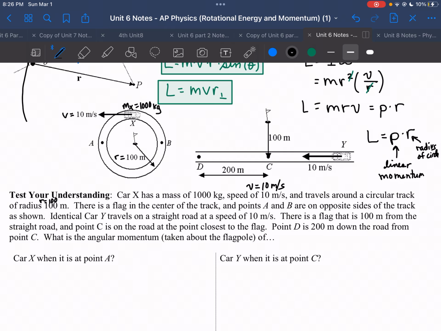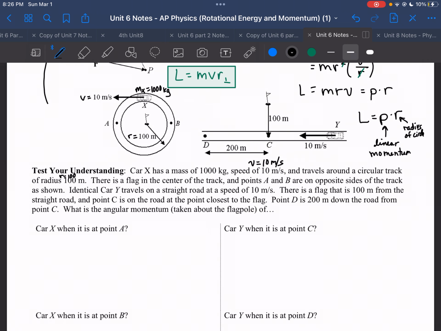There's a flag in the center of the track, and points A and B are on opposite sides of the track as shown. We're going to look at car Y in a second. Let's focus on car X, and let's figure out all our information. So we have car X when it is at point A. So in this case, quite simple. We can just say that the angular momentum is mv r perpendicular.